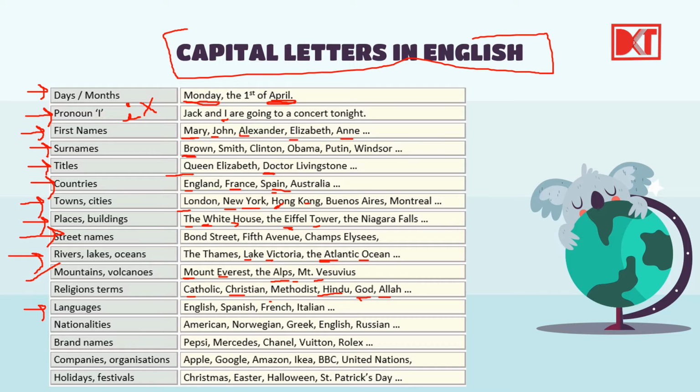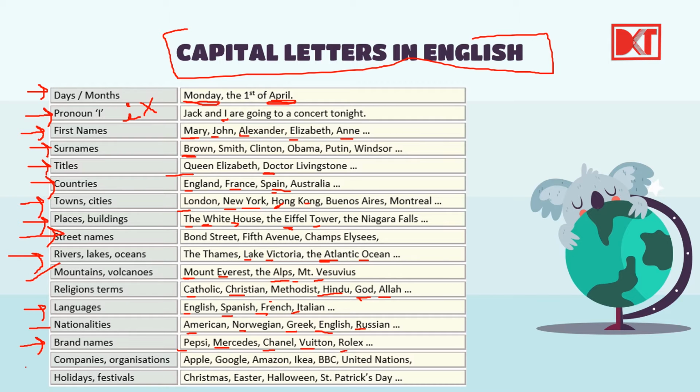Languages, English, E is capital. Spanish, French, Italian. Then nationalities, American, A, Norwegian, N capital, Greek, G capital, English, E capital, Russian, R capital.